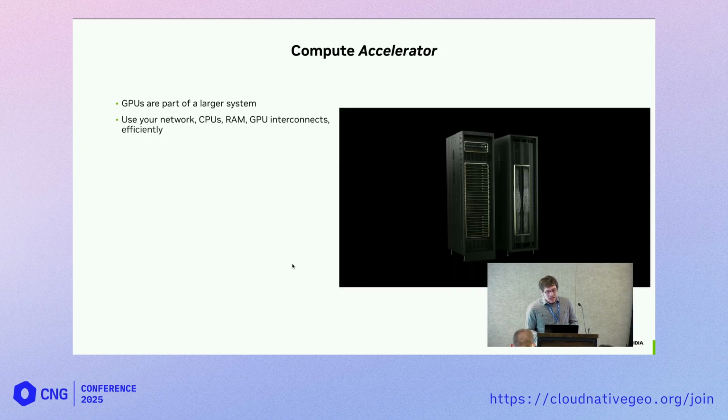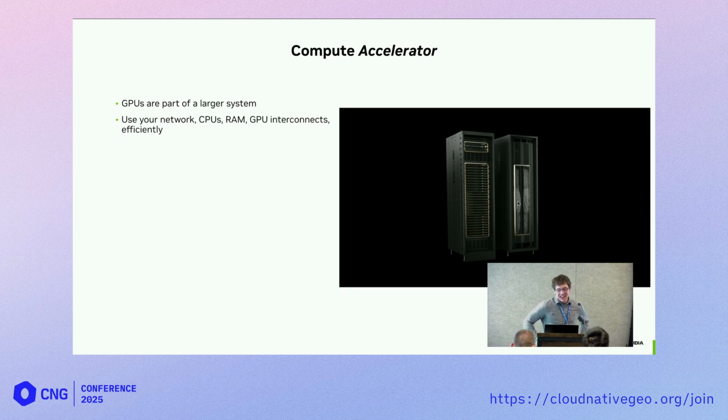Okay. And then I do want to emphasize, GPUs are accelerators, right? They're devices. They're part of a larger system. This is NVIDIA's new server class, Blackwell. I can't remember the exact name, but it's really cool. There's a lot of GPUs in here. A lot of it you can't see, but a lot of networking.